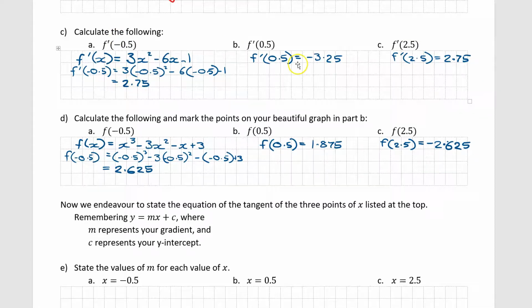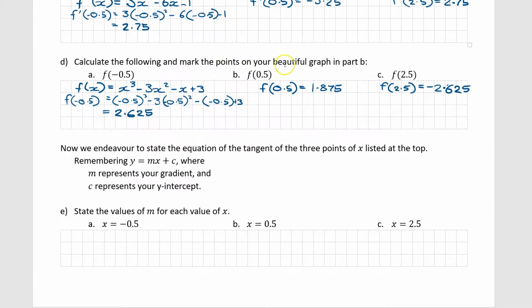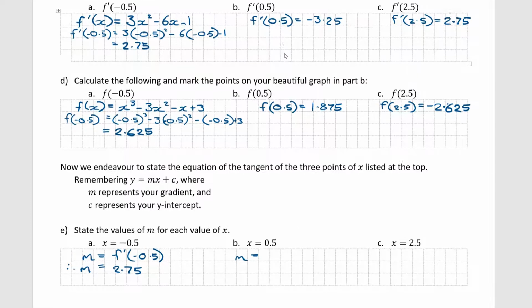So the slope here, f dash of the number, is actually the slope already calculated. So if m is equal to f dash of negative 0.5, then m itself, we've already calculated it to be 2.75. So it's simply a case of identifying what it is we're working with.